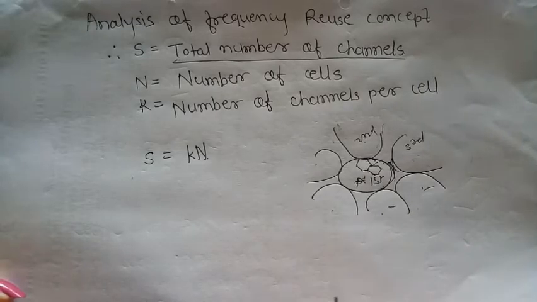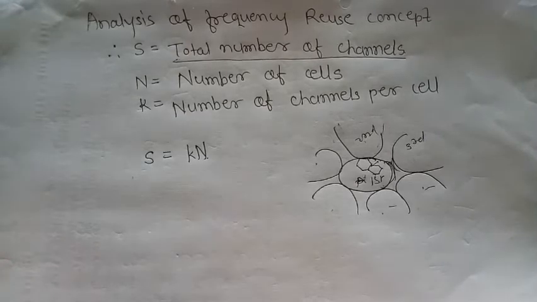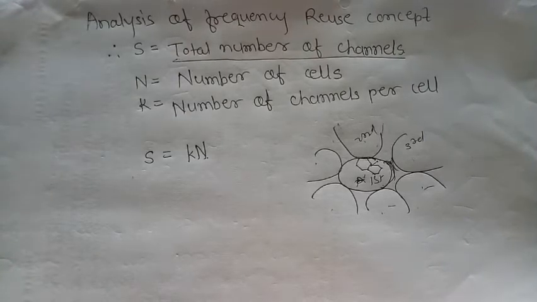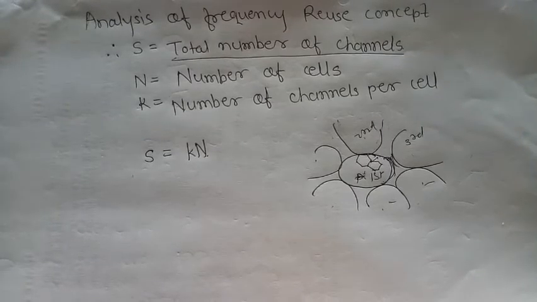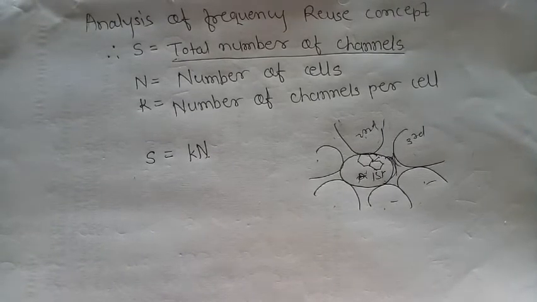We discussed the frequency reuse pattern in the previous lecture also. There is a group of cells, which we call a cluster, and the size of the cluster is defined.